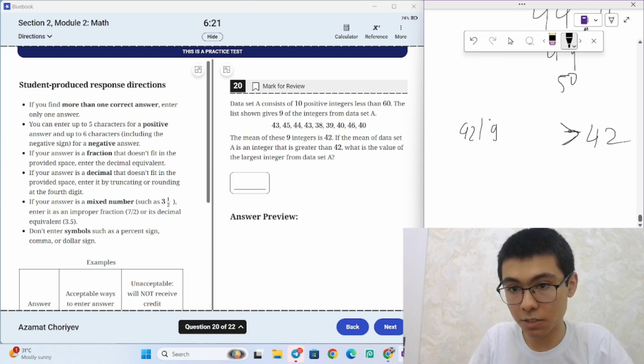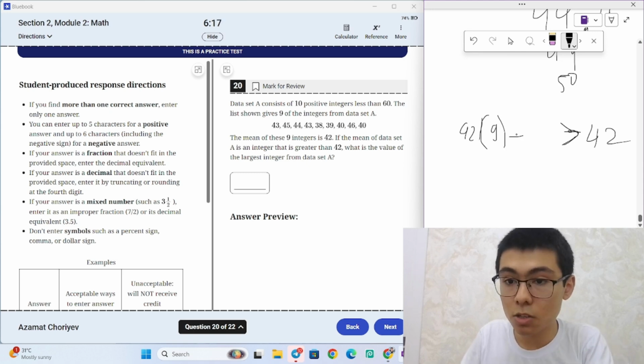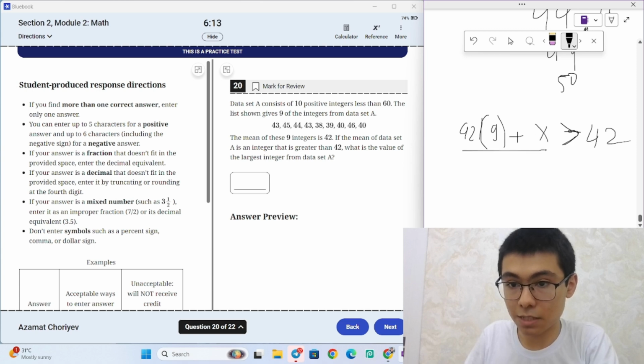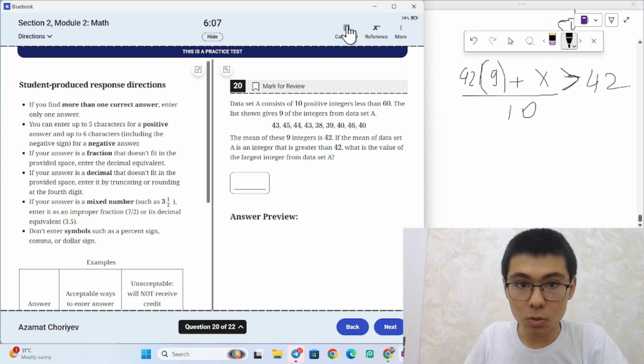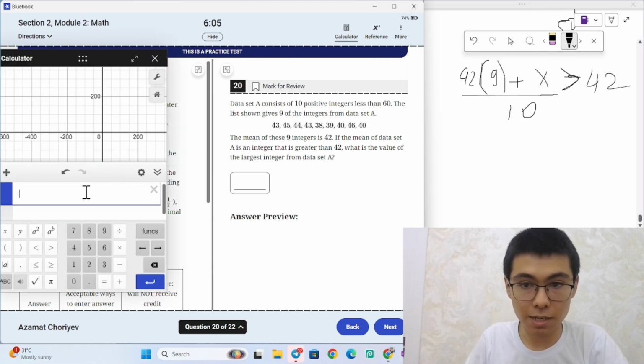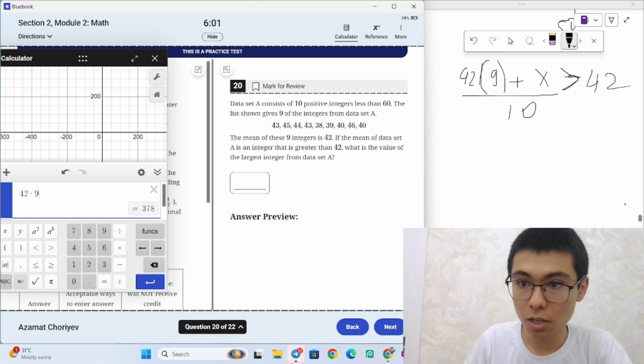So we're gonna multiply that by 9, plus x, and then divide that by 10. X is the largest value. So let me use the calculator. I have very little time left because I'm doing it live and I'm explaining each answer.